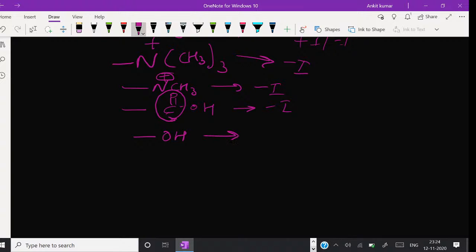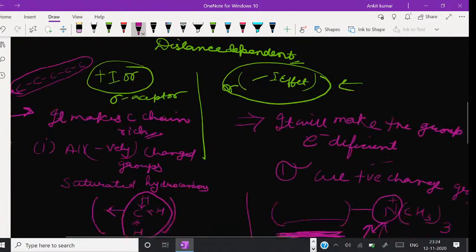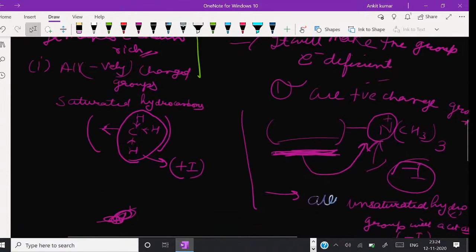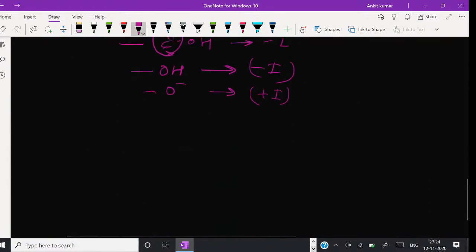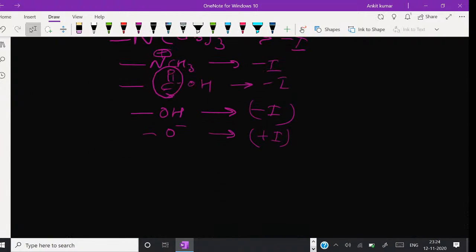OH, again this will be a minus I. O minus, again this will be a plus I. Negatively charged group, which is electron rich, will transfer the electrons to the ring or member which is connected to it.